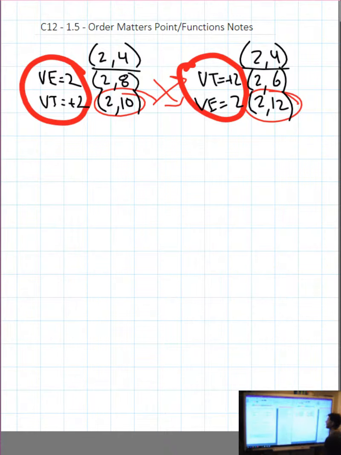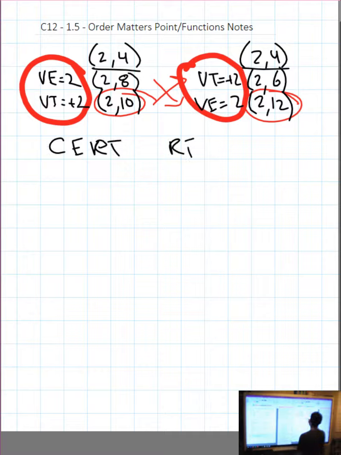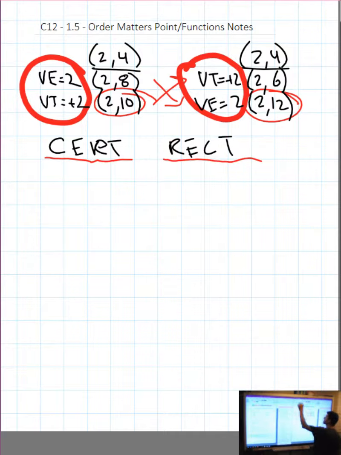Translations last. They're going to give you ridiculous mnemonic devices like CERT and RECT, which do compressions and expansions and reflections before translations, or reflections and expansions and compressions before translations.